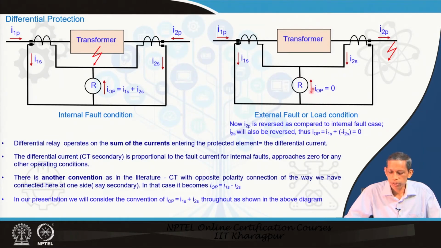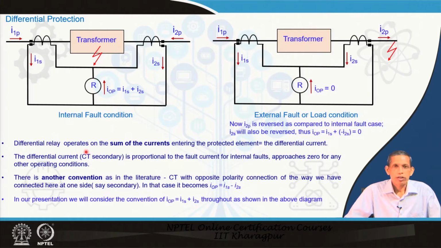So, I 1 S flows here and I 2 S leaves here. Therefore, the differential current becomes equal to I 1 S minus I 2 S, and if I 1 S and I 2 S are the same, assuming the correct CT ratio is available, then this current will be ideally 0. This is the philosophy used for transformer differential protection.